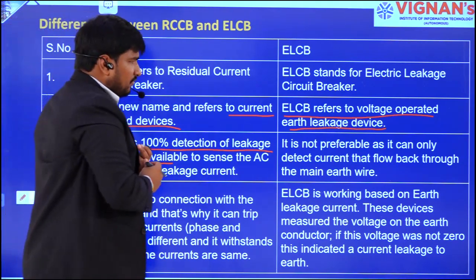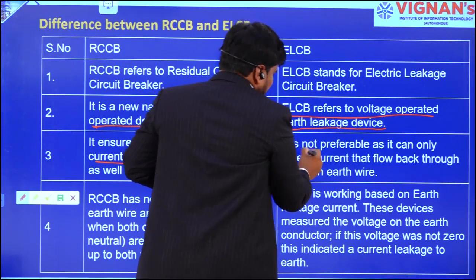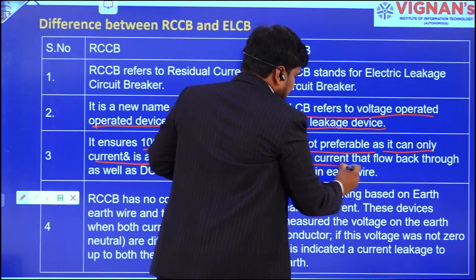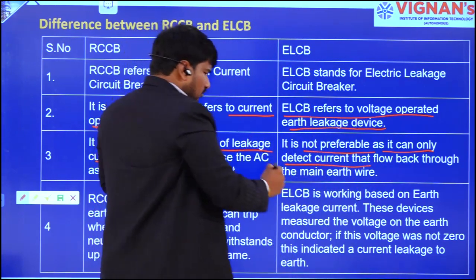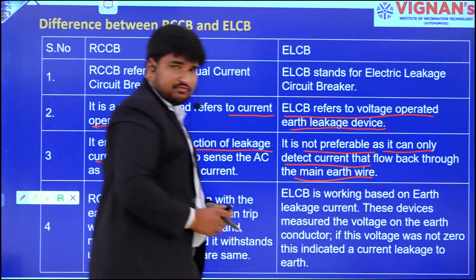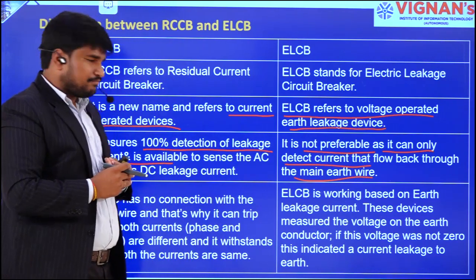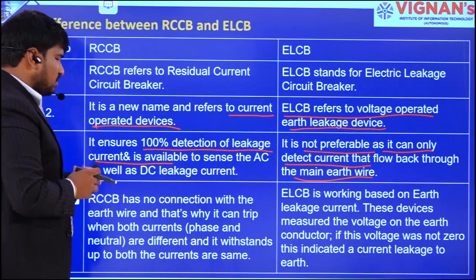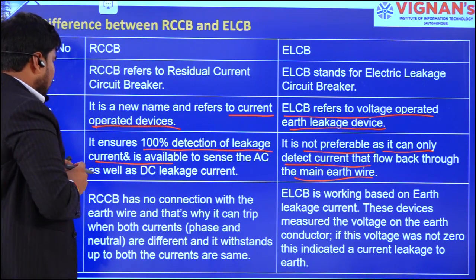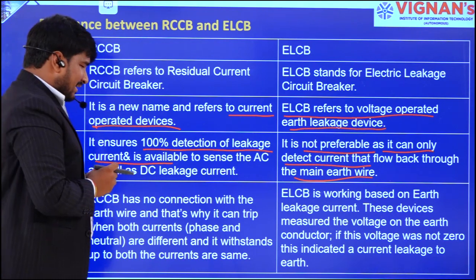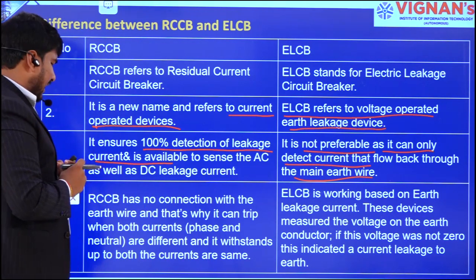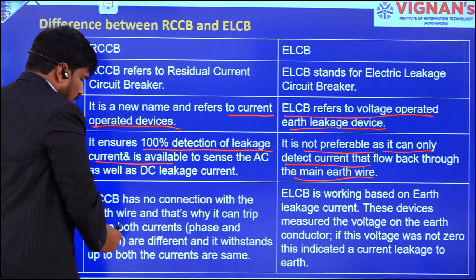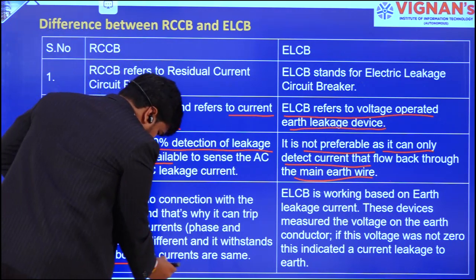But in case of ELCB, it is not preferable, as it can only detect current that flows back through the main earth wire. And the last difference is that RCCB has no connection with the earth wire, and that's why it can trip when both currents are different, and it withstands up to both the currents being the same.